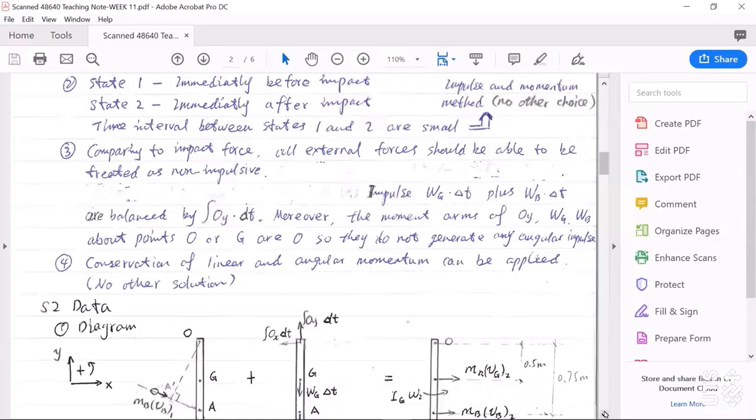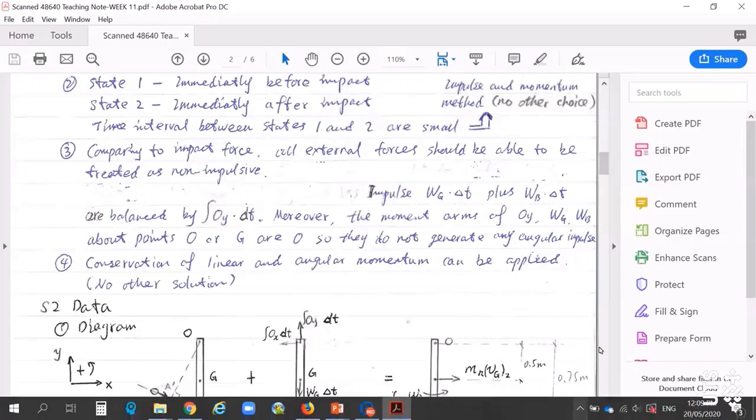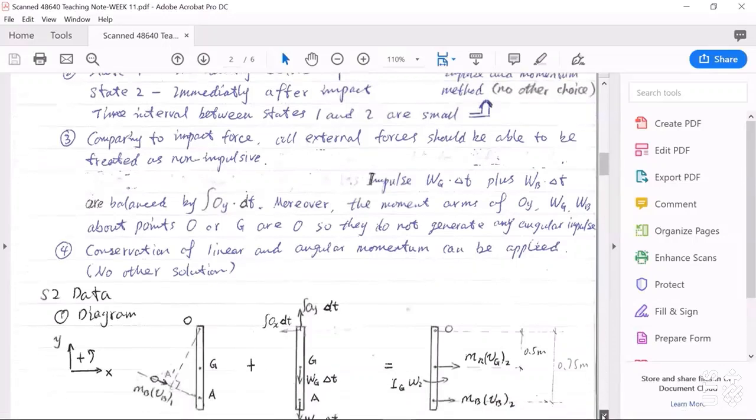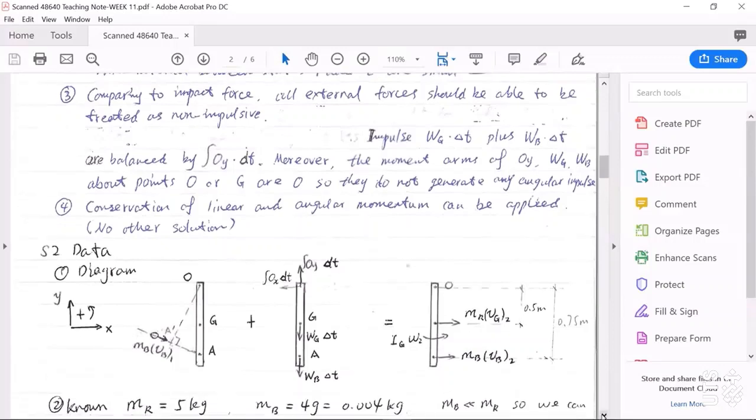So, for solving this problem, the impulse and momentum method should be the only choice. Comparing to the impact force, all other external forces can be considered as non-impulsive.